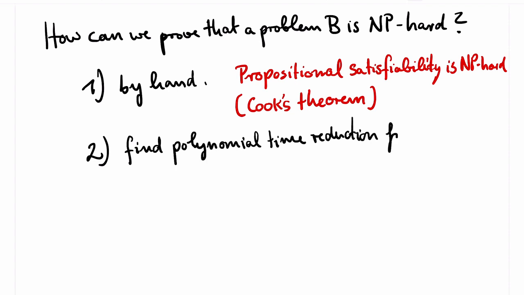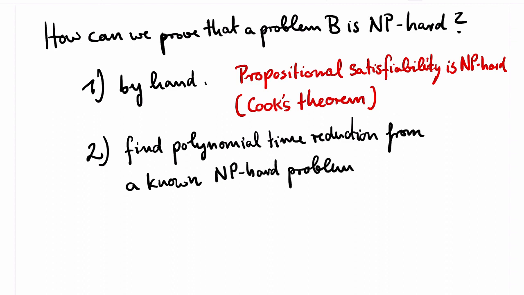What you do there is you take a problem A that is already known to be NP-hard. And then you find a polynomial time reduction from A to B. And note that if you succeed in doing so, you will prove that B is NP-hard. The catch here is that polynomial time reductions, if you compose them, you will obtain again a polynomial time reduction.